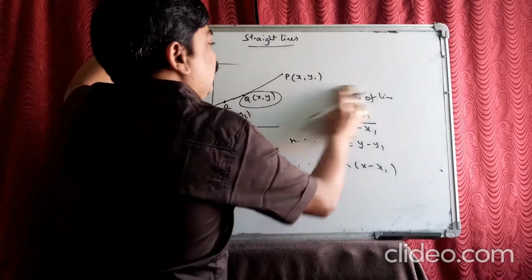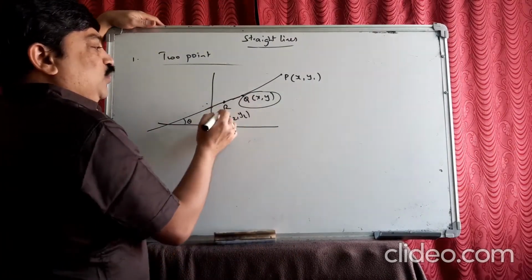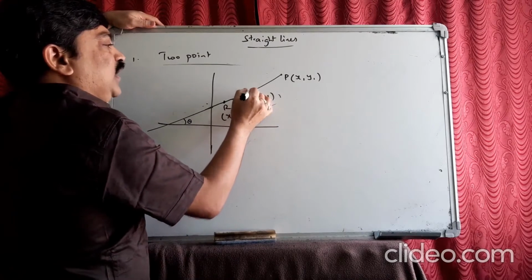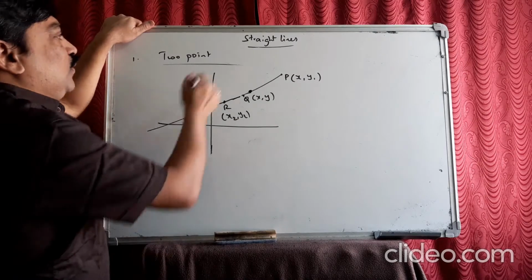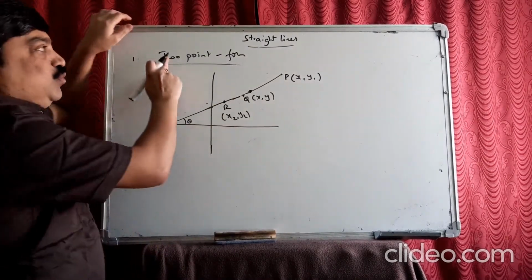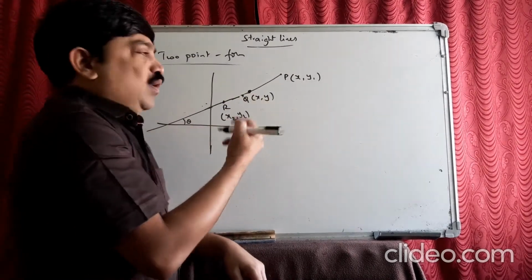You have to find the equation of the line when two points are given. As I told you, in general you take x comma y as a reference. So for two-point form, P of x1, y1 and Q of x2, y2 are given. Then the general point is R of x comma y.